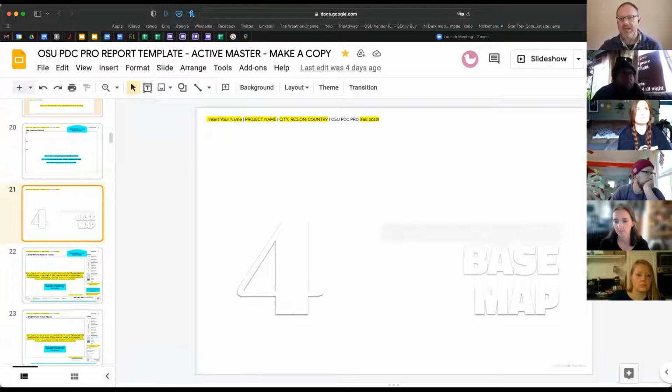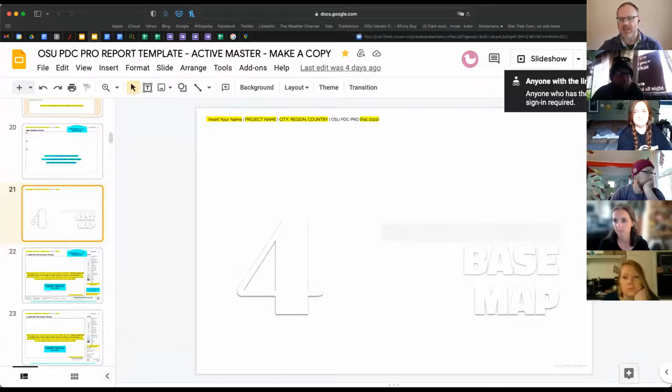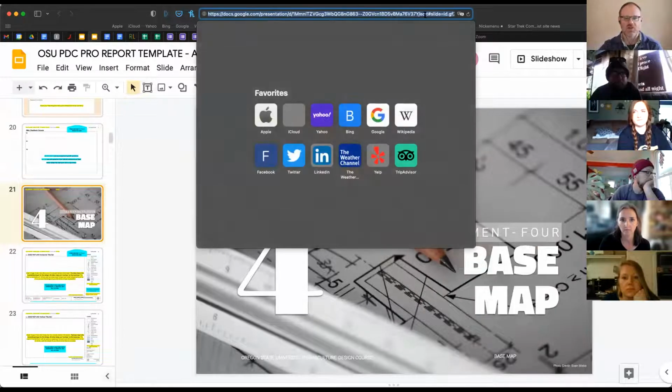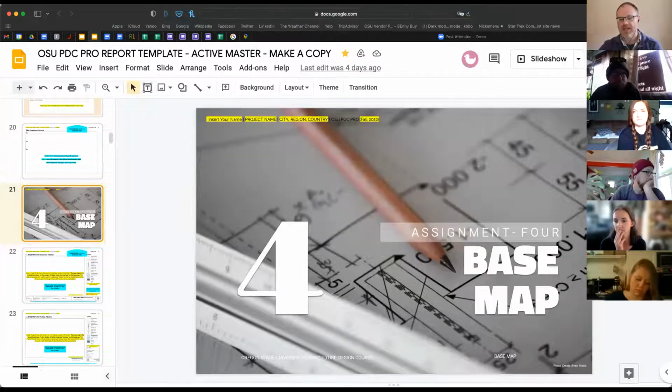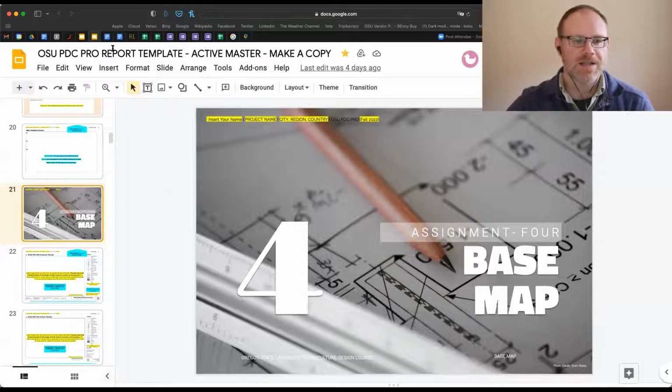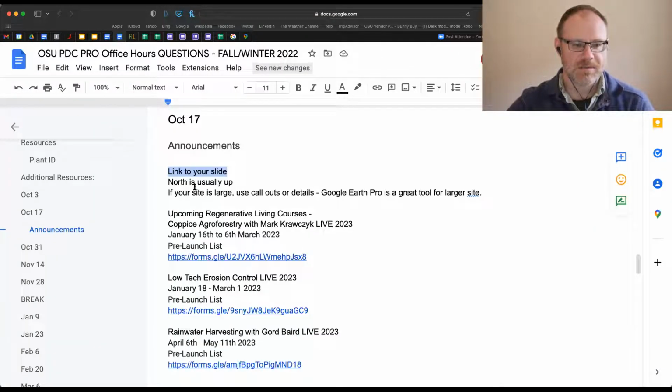Make sure that your sharing functions are correct so that people can view. And then you're going to want to triple click this URL, copy that, and put it into the link that you link your site to. That'll help me go directly to the information that's necessary for this week and jump right into the conversation. So I'm going to slim myself down just to my screen. There we go. So that's one of the first things to keep note of.